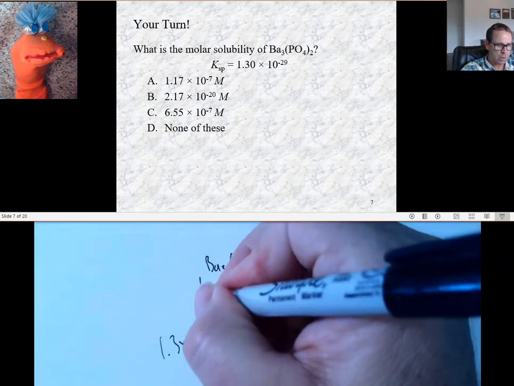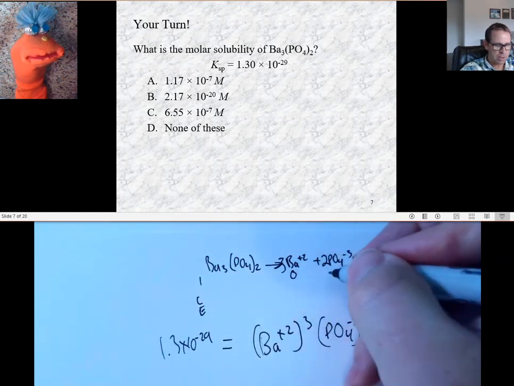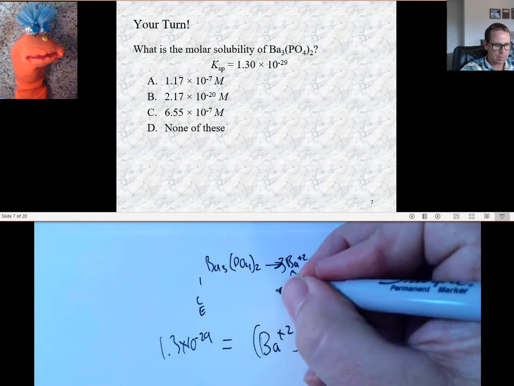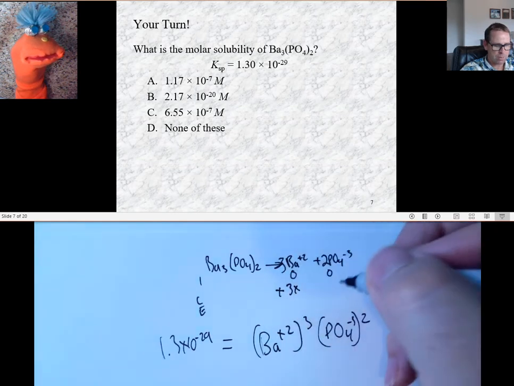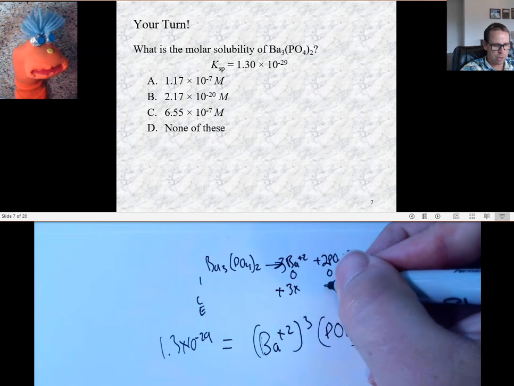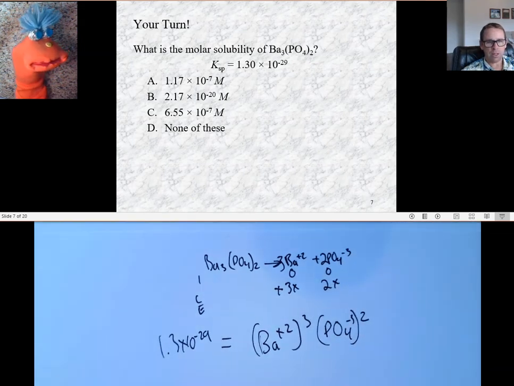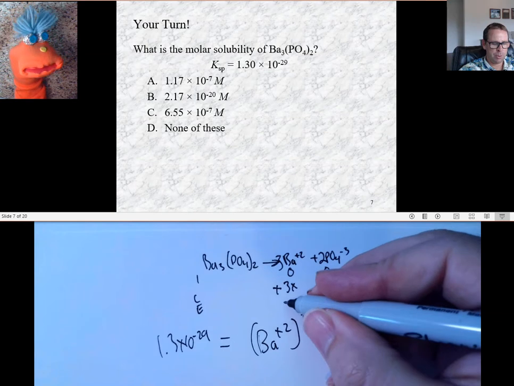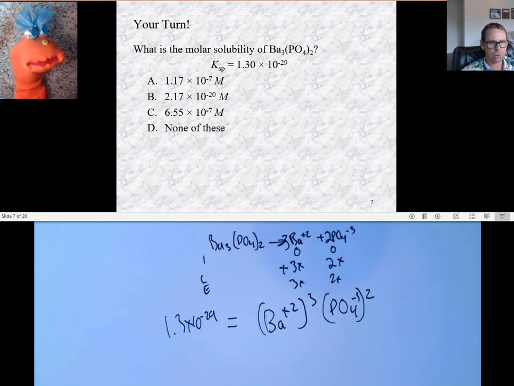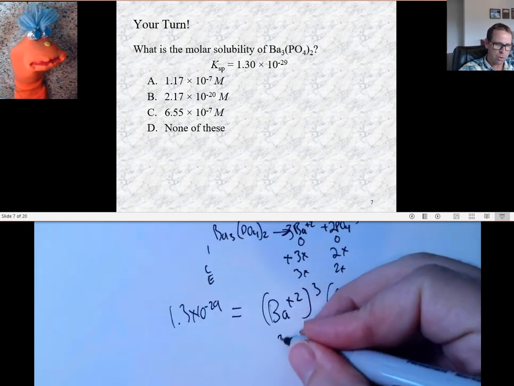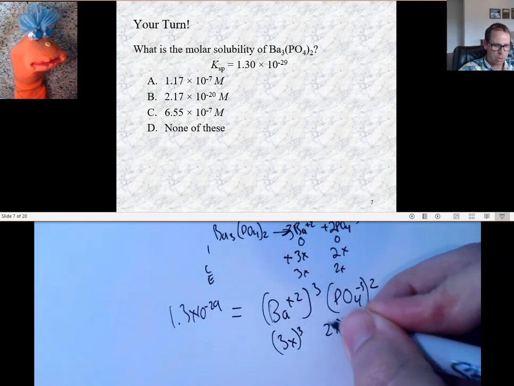So what that means is for ICE, the change, there's none of this to start with, right? And the change is plus 3x because there's 3 there. Oh, yeah, that's it. And then plus 2x for that one. That's right. Okay, now how does that help? Well, then the equilibrium concentration is just 3x and 2x. And then you use those values cubed and squared. Very good. So you put 3x cubed there and 2x squared here.